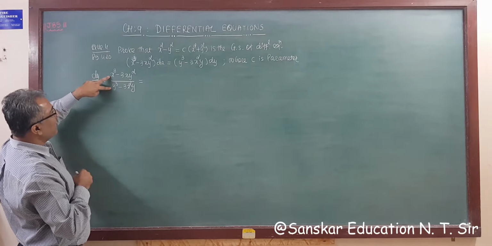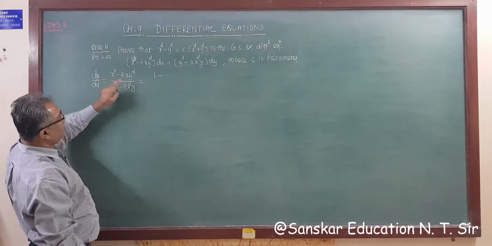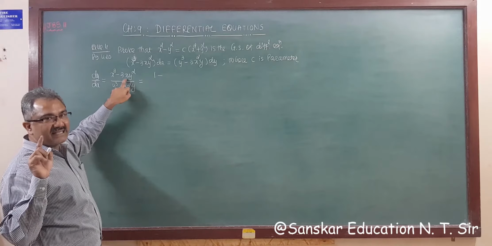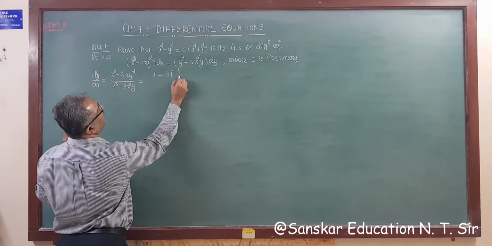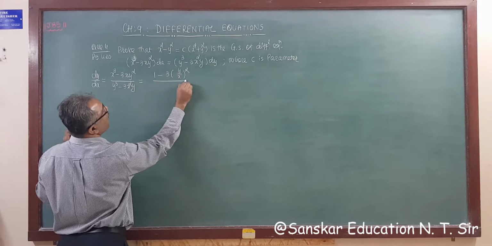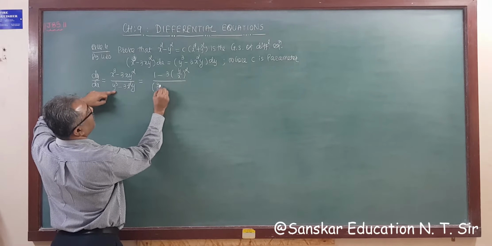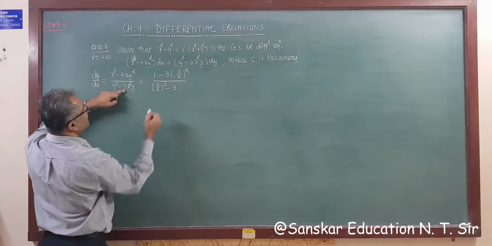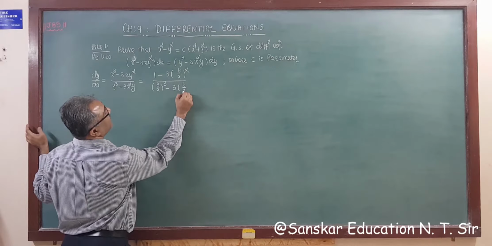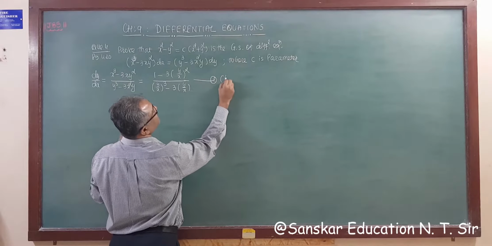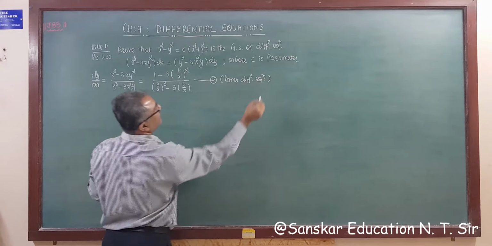Dividing numerator and denominator by x cube, the highest power, we get 1 minus 3 times (y upon x) whole square, whole upon (y upon x) whole cube minus 3 times y by x. So this is equation number 1, which is a homogeneous differential equation, with degree 0.